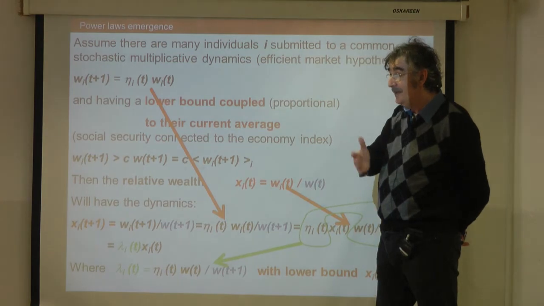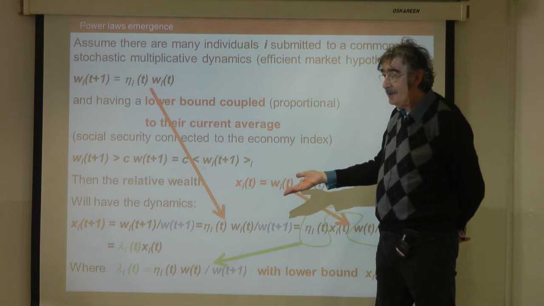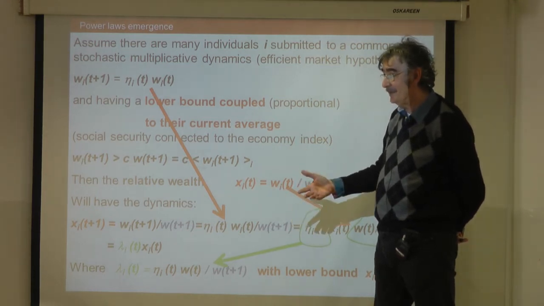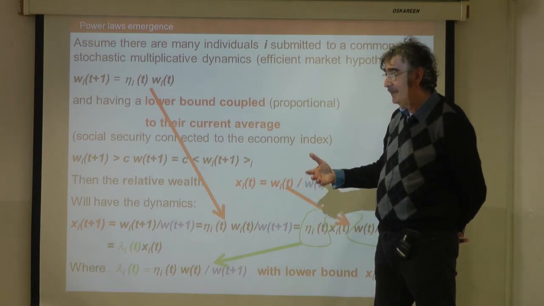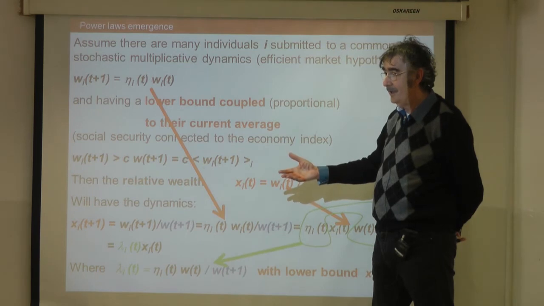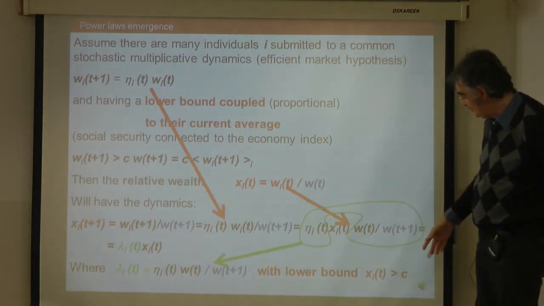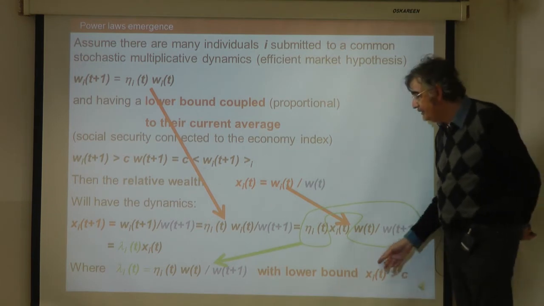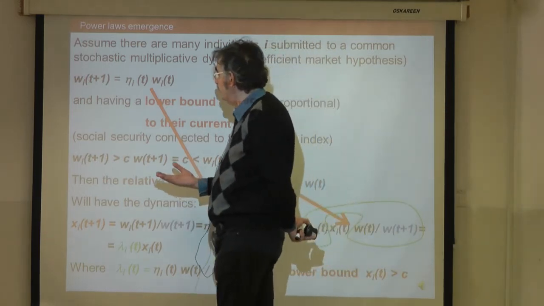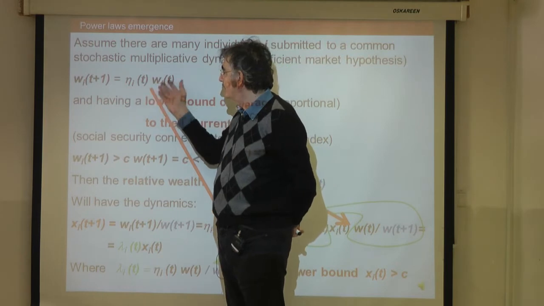If somebody has less than 1/4, it could be a number which is not a fraction, technically speaking. Okay? It's some part of the average. So it's the lower bound. This becomes our lower bound.